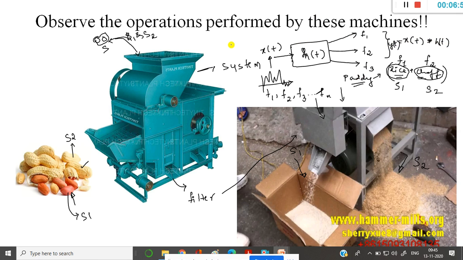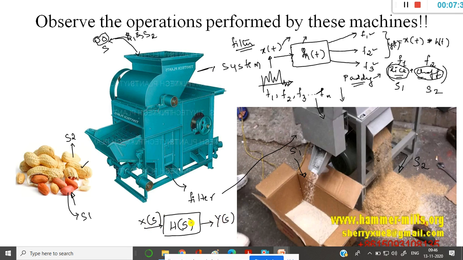Behind convolution, what we are trying to do is filter. In the time domain it is not possible to separate these frequencies f1, f2, f3 and so on. So we move from the time domain to the frequency domain. When I move to the frequency domain, the system is now not h of t but h of s, the signal is not x of t but x of s, and the output is not y of t but y of s.